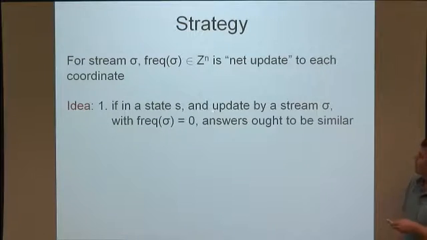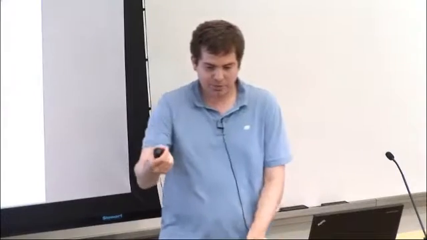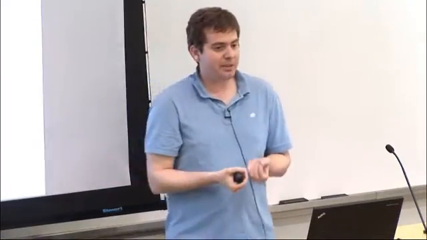And the idea is the following: if I'm in a state S and I update by a stream sigma which has 0 frequency, and I get to some new state, then the answer in the new state ought to be similar to the answer in the old state. If the algorithm is typically correct, then on most inputs, according to some distribution, this should be what happens.